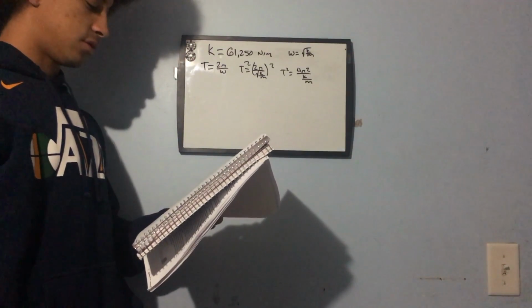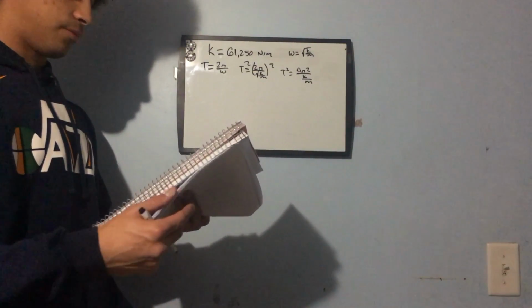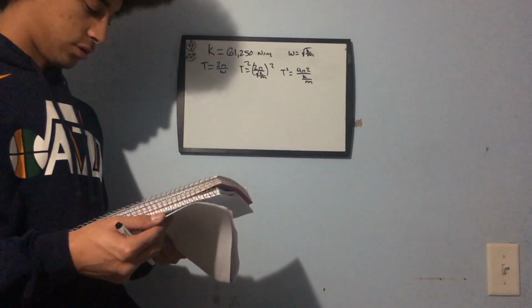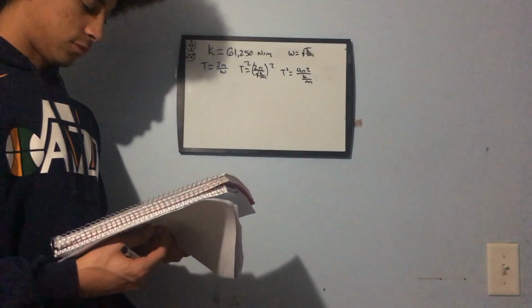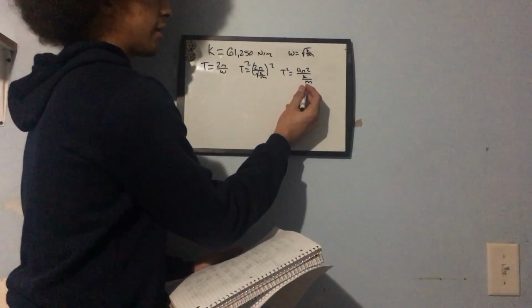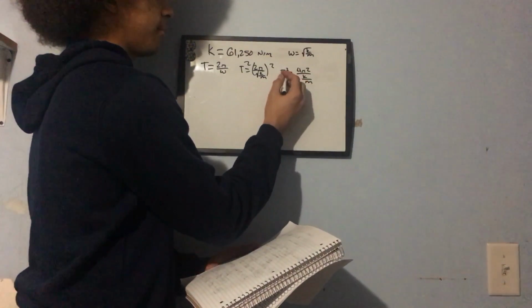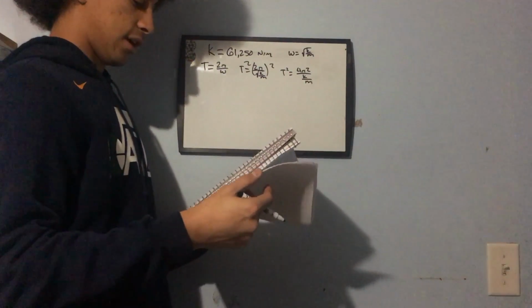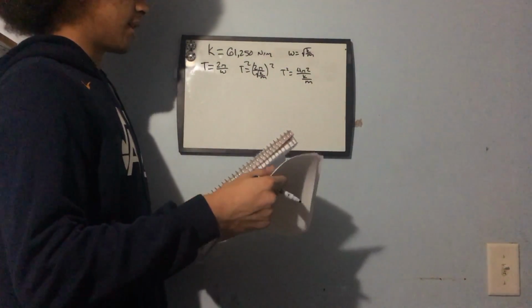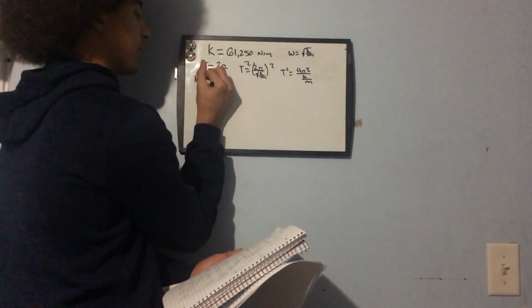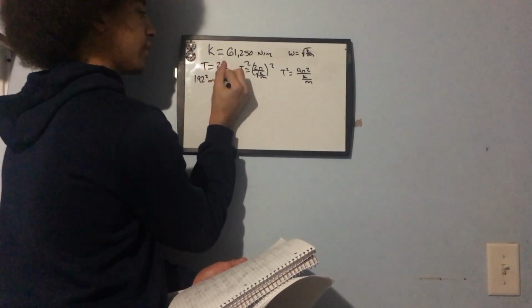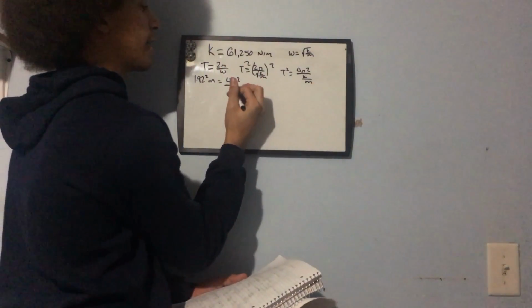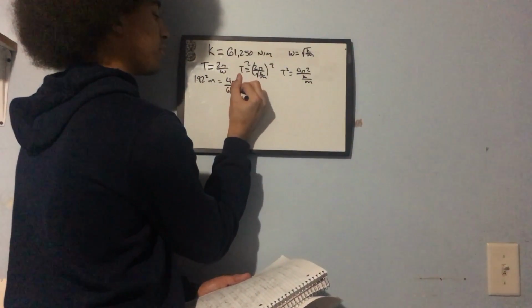Then we multiply the mass up here, and we know that the period is 1.92 seconds. It tells us that. So 1.92 squared times m equals 4 pi squared. We also know k, so we plug that in, 61,250.